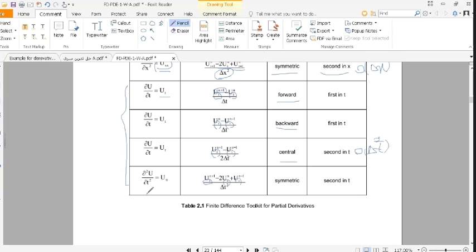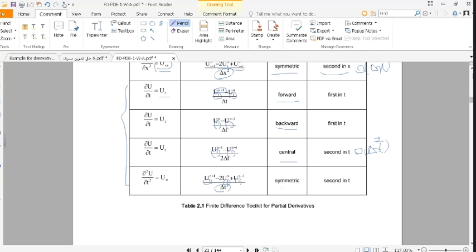The last row is UTT or round 2u over round t2, and it's called symmetric finite difference. This formula is u i n plus 1 minus 2 u i n plus u i n minus 1 over delta t2.